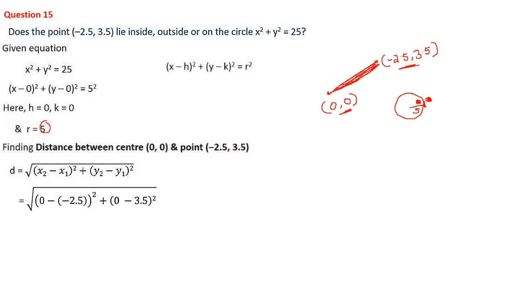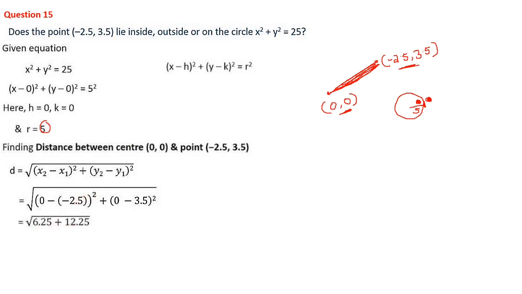Let us find out. That is (0 minus (-2.5)) the whole squared plus (0 minus 3.5) the whole squared. That is (0 plus 2.5) the whole squared, so only 2.5 the whole squared. 2.5 squared: we know 25 squared is 625, so 2.5 squared is 6.25.